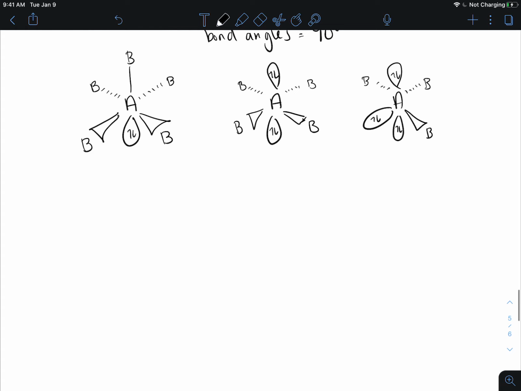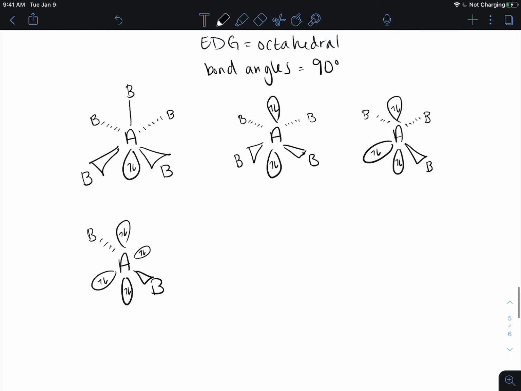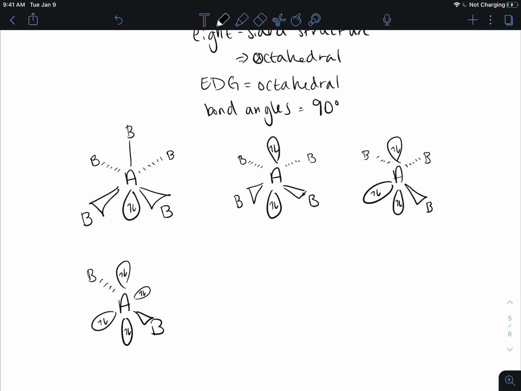And then our last option will have to be 180 degrees away from our third electron pair. Like so. With each of these structures, because of our non-bonding electron pair pushing more than our bonding pair, we will get some less than 90 degree angles.